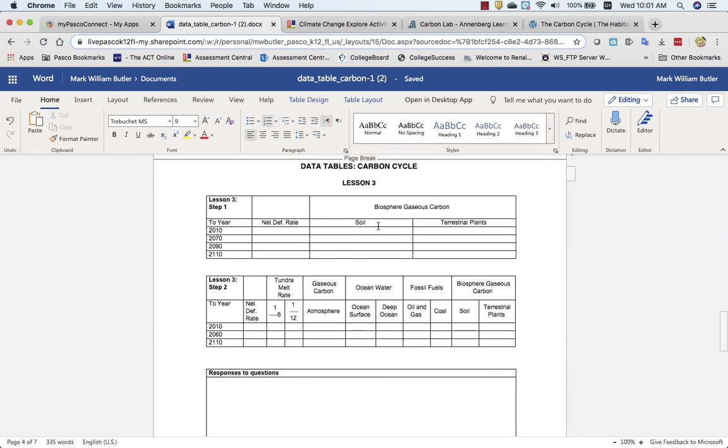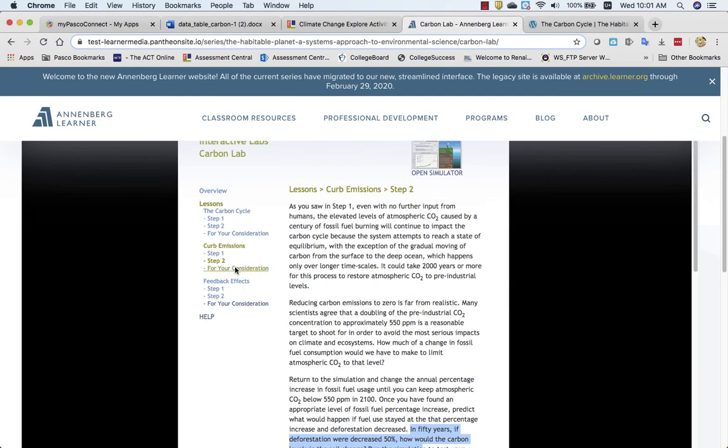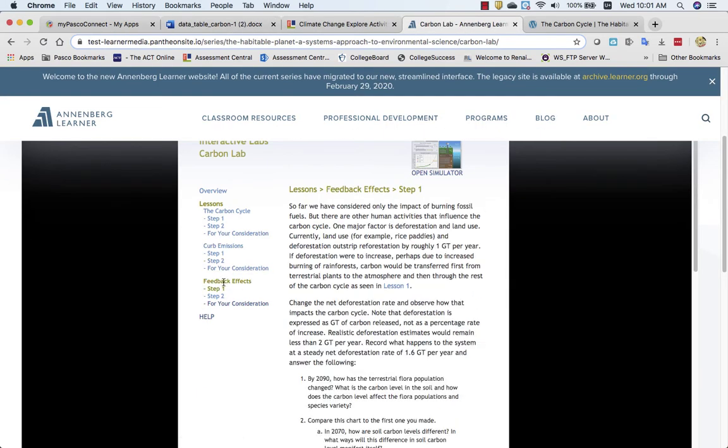In this one, we are going to look at our directions. So come back here. Here's step 3, feedback effects. Step 1. We've considered the impact of burning fossil fuels. Currently, land use and deforestation outstrip reforestation by roughly 1 gigaton.